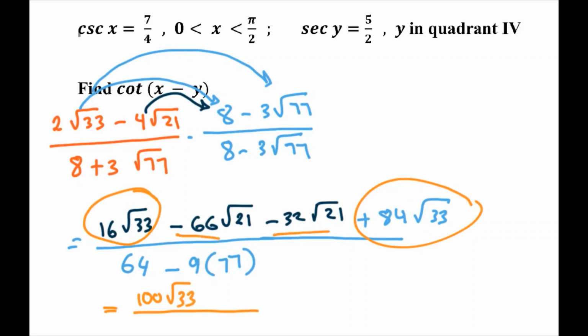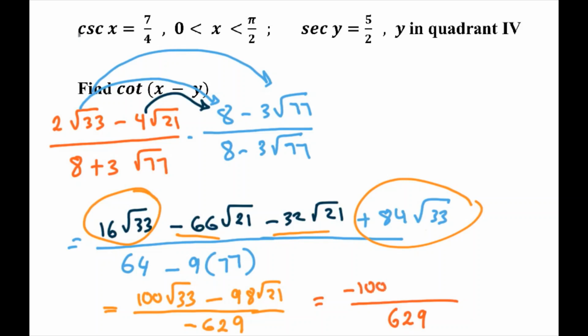And then these two minus, that's going to be 98 square root of 21 over 64 minus 9 times 77, and that's going to be negative 629.